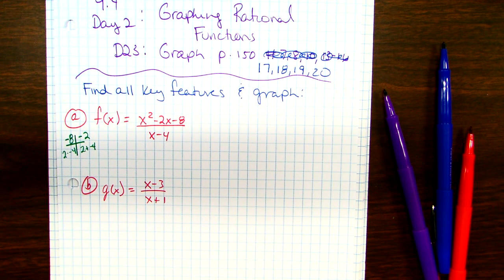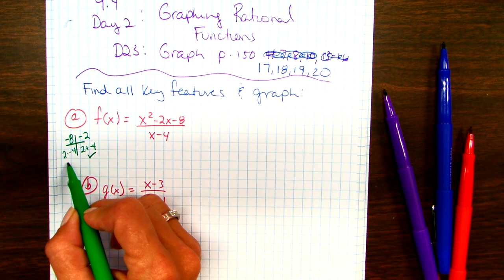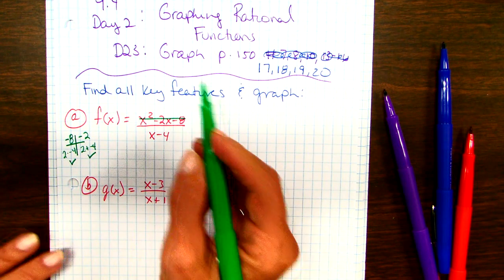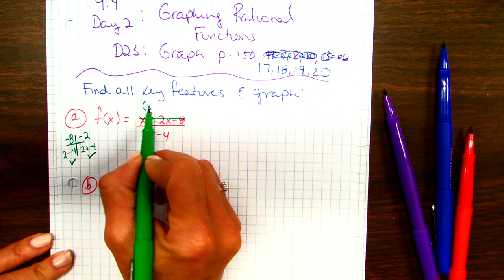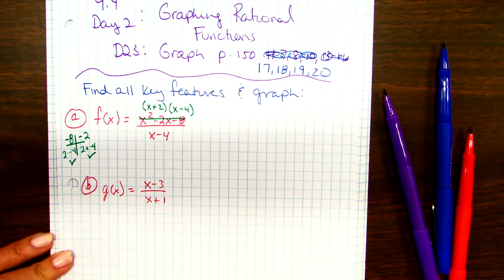You can use a calculator on everything in here, so there's no reason for you to get signs wrong, okay? 2 plus -4 equals -2, and 2 times -4 equals -8. Okay? So we have x plus 2 and x minus 4. Any order, right? As long as the 2 is positive and the 4 is negative.